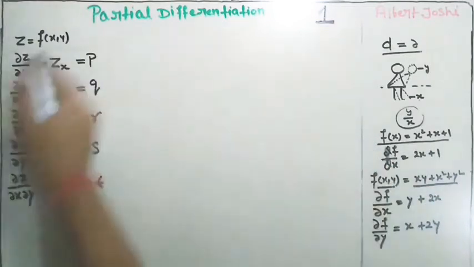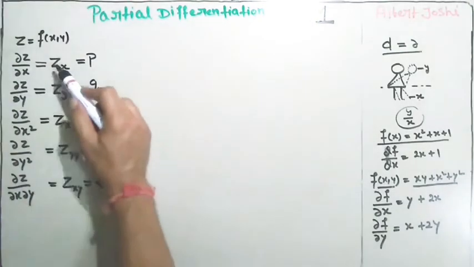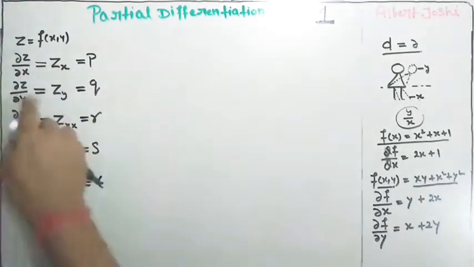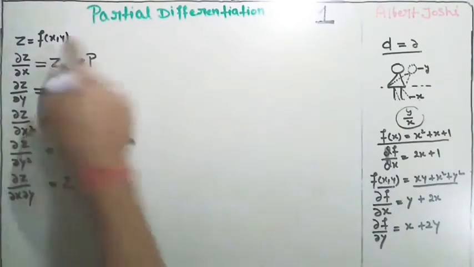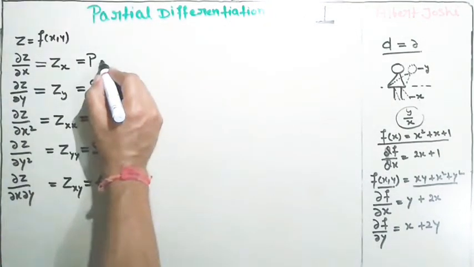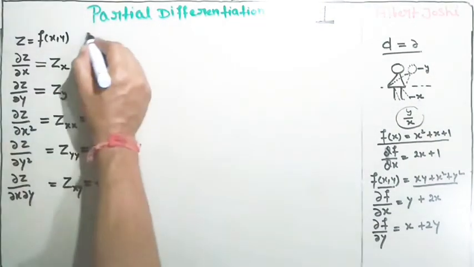Now you are differentiating with respect to x, so you have written z of x. Some people, in the books you can see, have written it in this form, z dash.